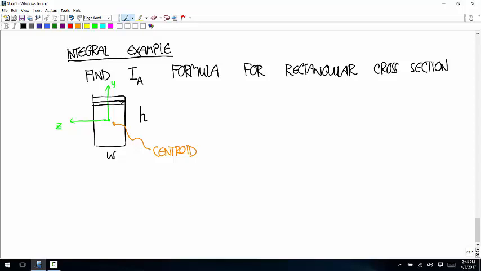So we're going to do strips like this. We'll say that it has a thickness of dy, and it's at a distance y from the neutral axis.